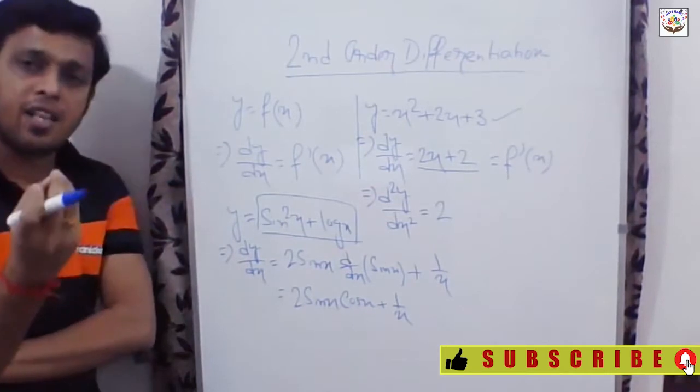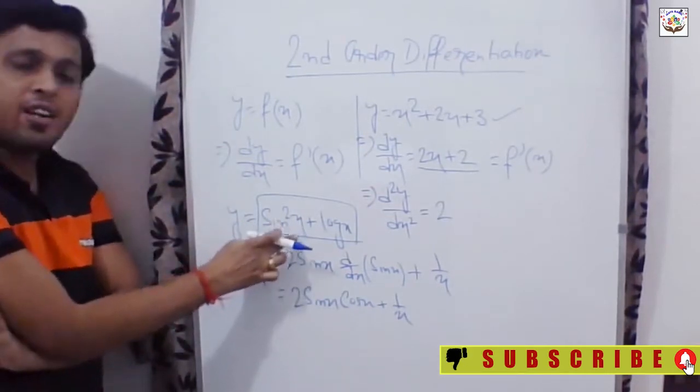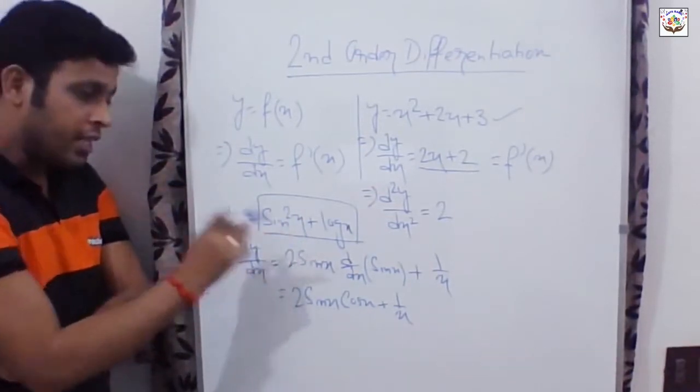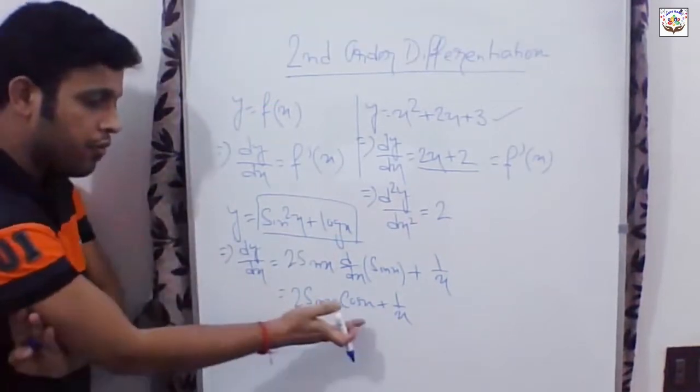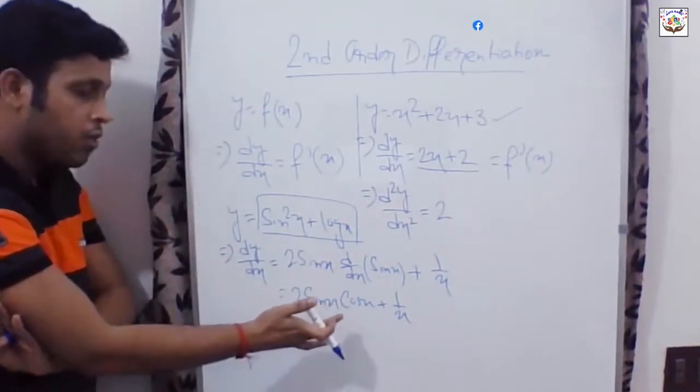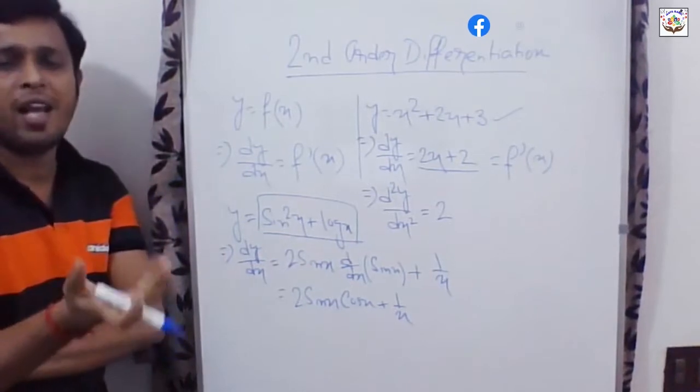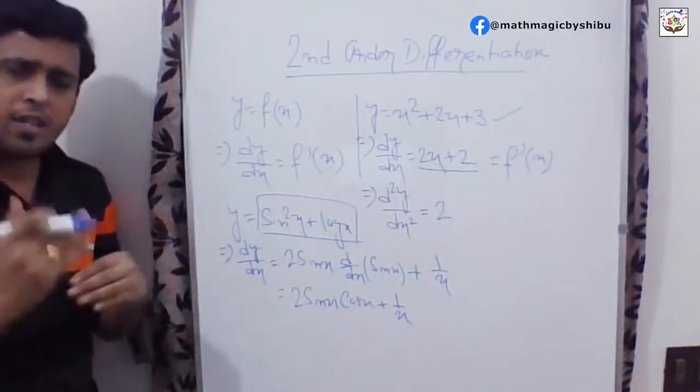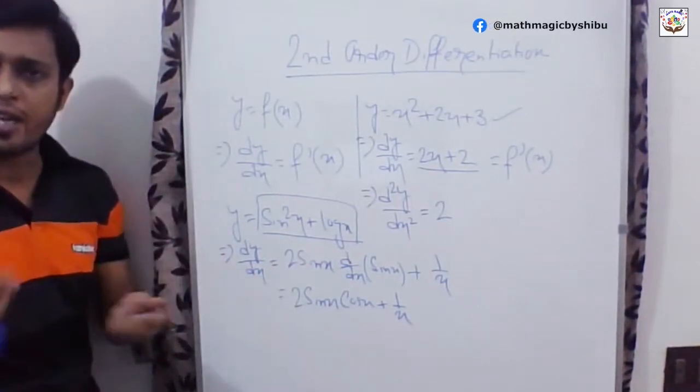Now if it is asked that you need to find the second order differentiation of this function, it is asking you to differentiate this dy dx again to get d2y by dx square. As simple as that. Differentiation of differentiation is called the second order differentiation.